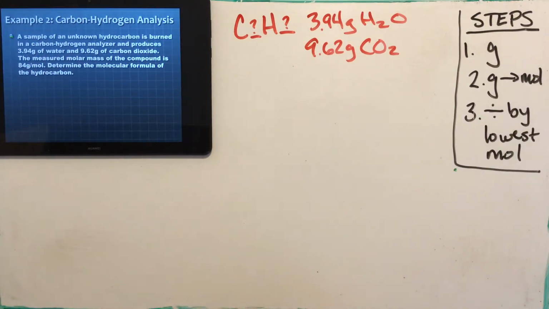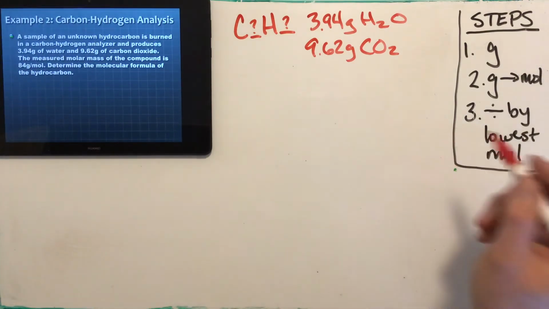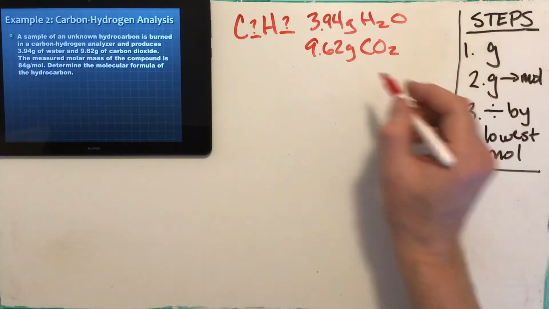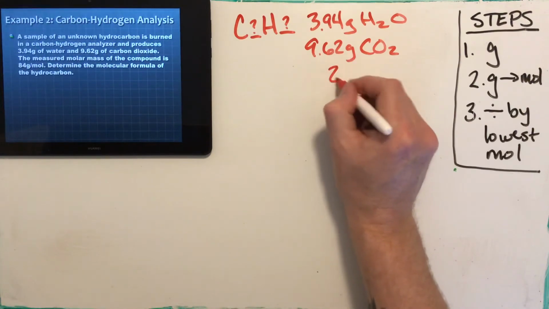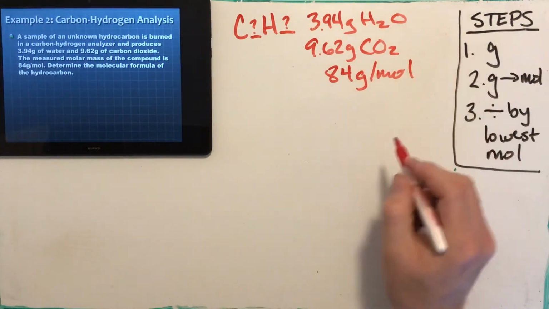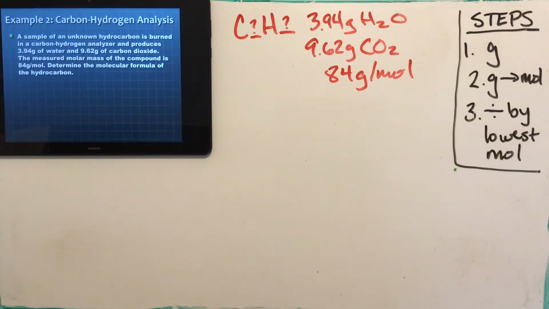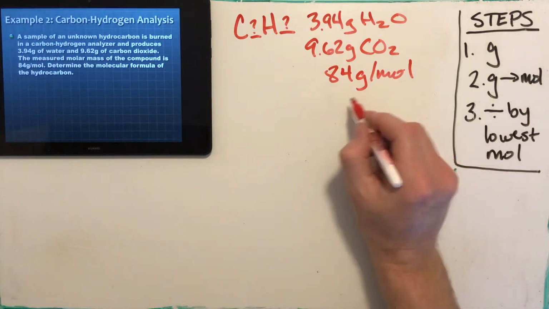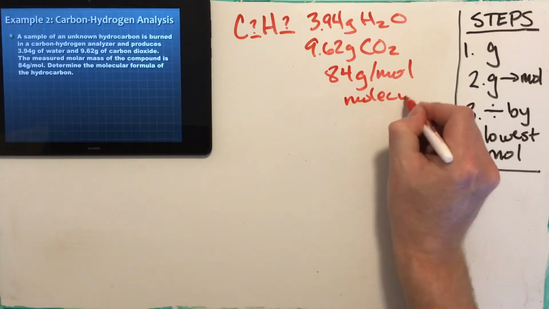The measured molar mass of the compound is 84 grams per mole. So the molar mass is 84 grams per mole. And it wants the molecular formula. So not the empirical anymore. We want the molecular formula, the real deal. So I'll put that here, molecular.